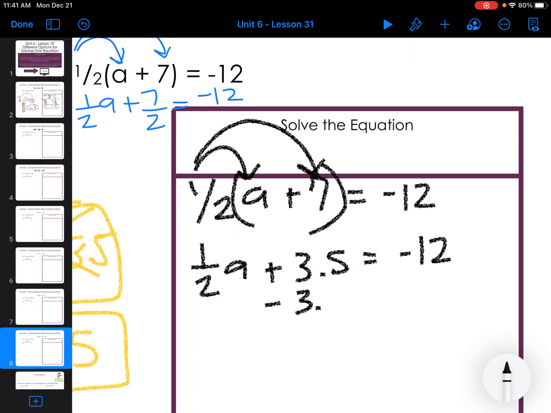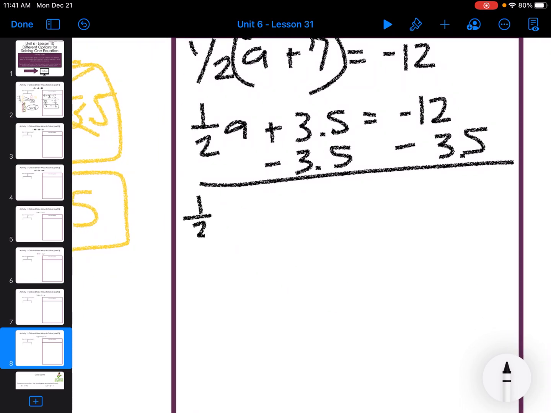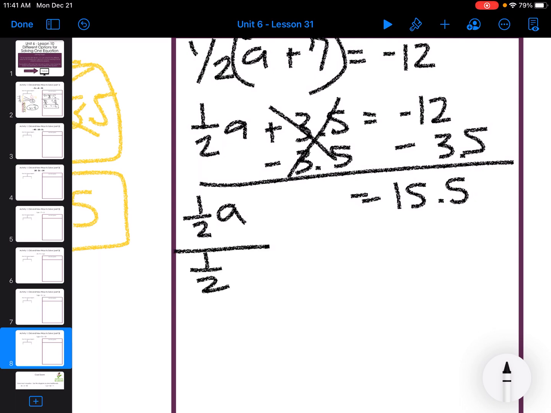I zero out first. So I have 1/2 A equals, signs are the same, so I add and I get 15.5. All right, I'm doing great. Zeroed that out. Now I'm left with 1/2 A. If I multiply by a half, I have to divide by 1/2.